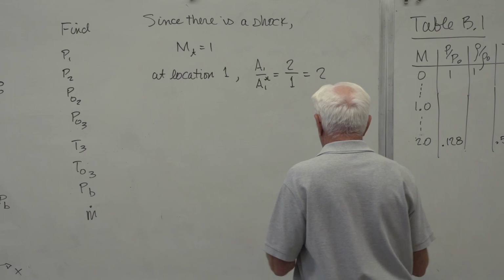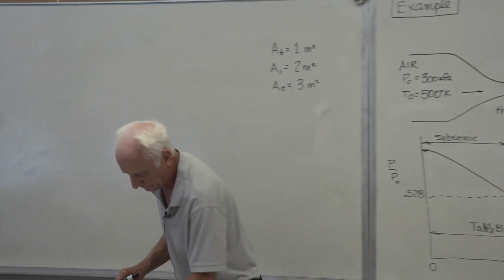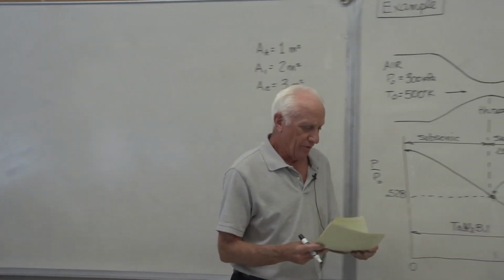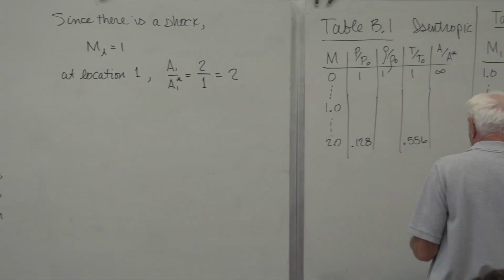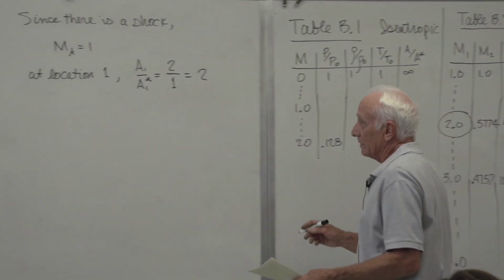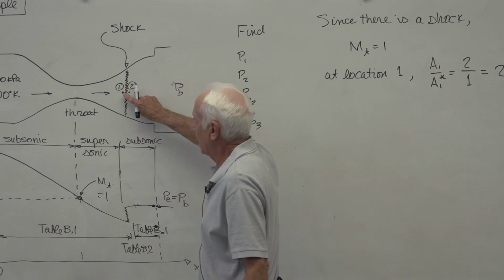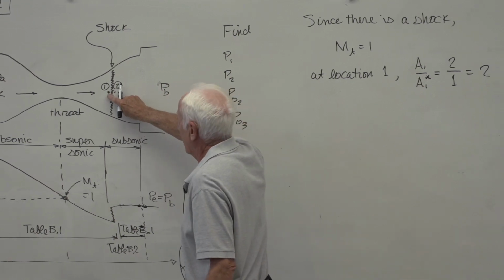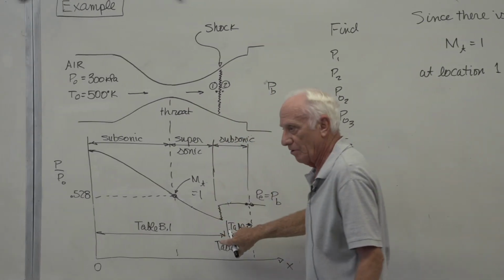So now I'm going to go over here to my location. You can use the equation, you can use the tables, it's your choice. I'm going to find the Mach number at 1. Okay, what do I use? Here's your road map.